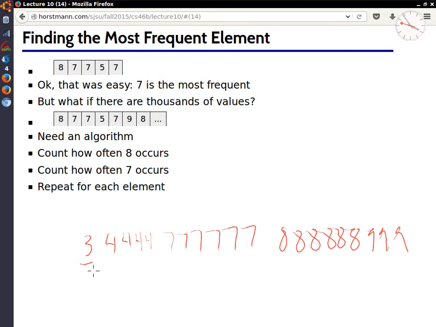To determine the length of a segment, you look at the next one, the next one, the next one, until they no longer are the same value. So you look at these ones here, and you say, oops, this is a 7, so the length here was 4. Then you look at this one here and keep counting, and you say, oh, there were 6 of them. So you can do that with one pass through the array. If it was already sorted, you could find the most frequent element in a single pass through the array.